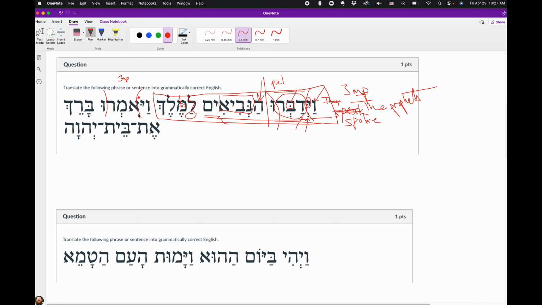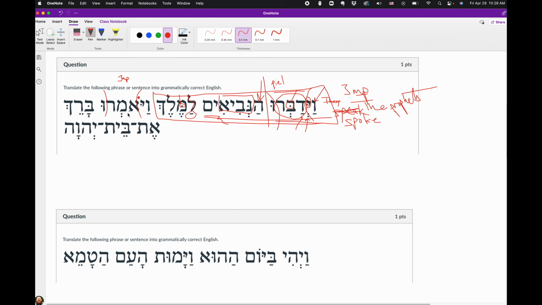Say, almost always in English, has a direct object. And so those functions line up. Amar almost always has a direct object or content in Hebrew, and say almost always has a direct object or content in English. Speak in English doesn't need a direct object or content, and davar doesn't need one. So it's just a coincidence, but those two tend to line up a lot better than if you were to translate amar as speak and davar as say. You're going to run into some awkwardness there. So they spoke, again, past tense, because we've got the vav relative on the jussive form.